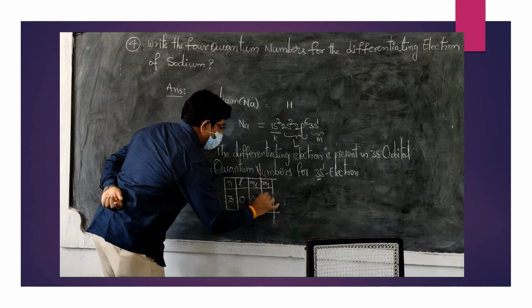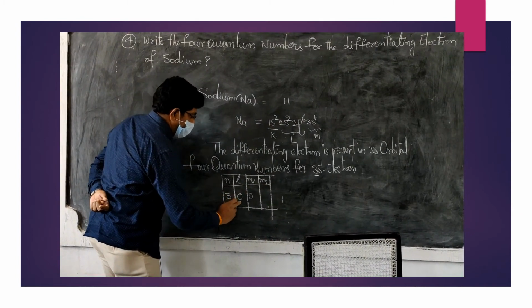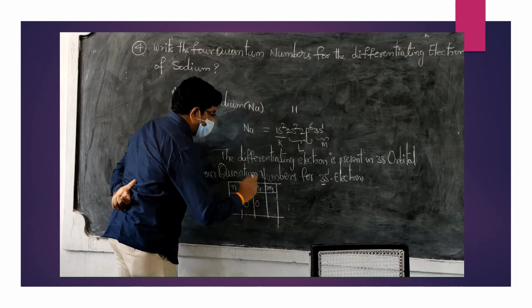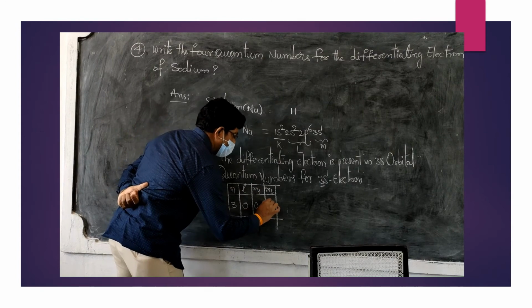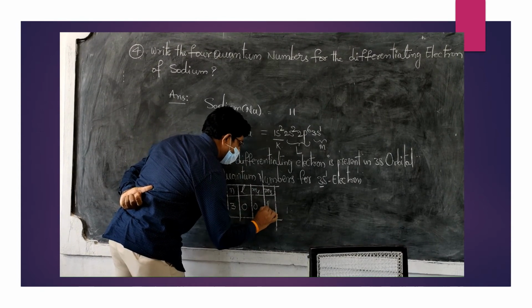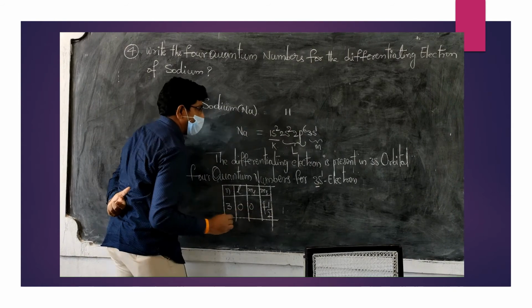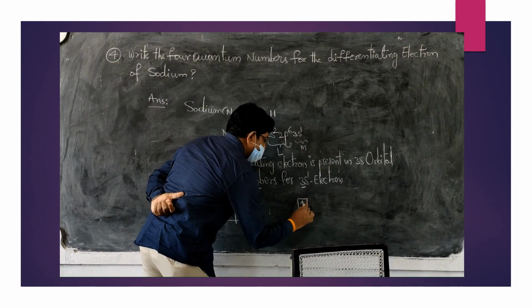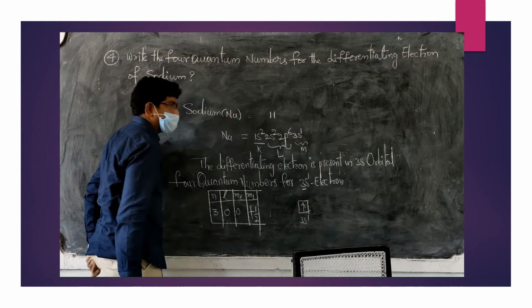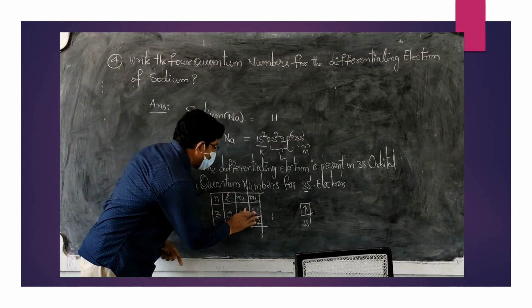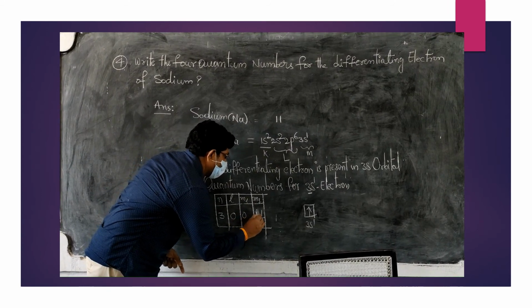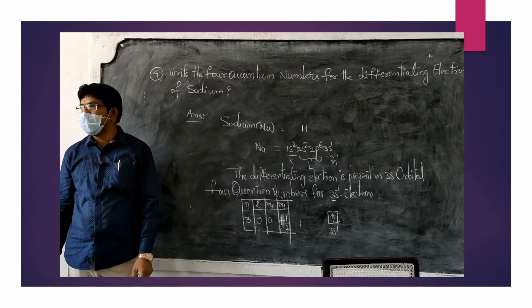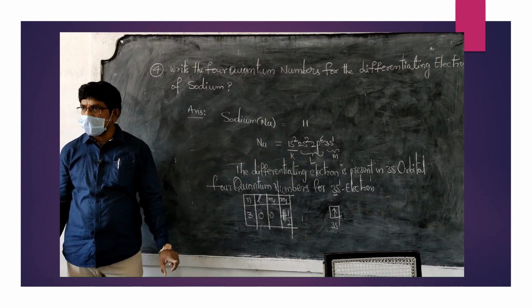So the principal quantum number is 3, angular momentum quantum number 0, magnetic quantum number 0. Next, spin quantum number, how much? Plus 1 by 2, because the one electron in the 3s orbital is arranged like this. If you answer like this, you will get 4 marks. Are you clear? Any doubt in it?